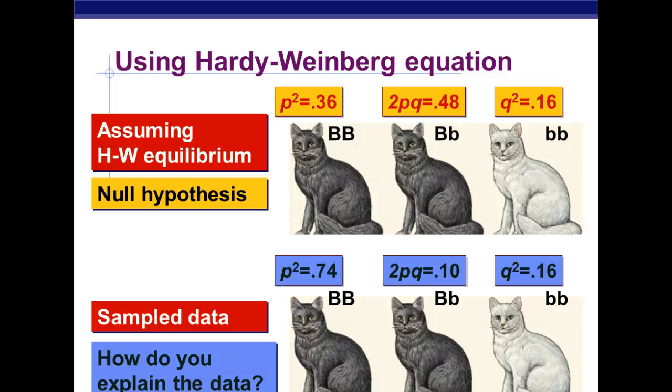What's most likely probable is an immigration from an external population that is predominantly homozygous big B, big B. Now, how do I make that assumption? Well, look what happens to the homozygous dominants. They go from 0.36 to 0.74.